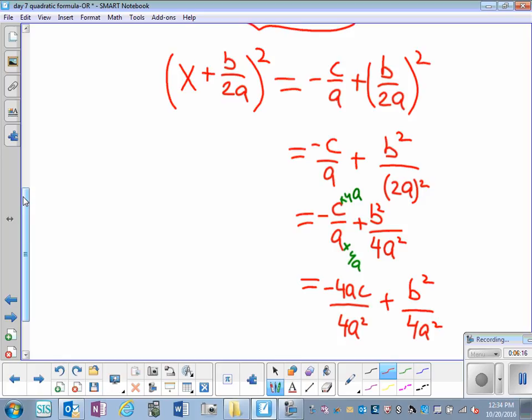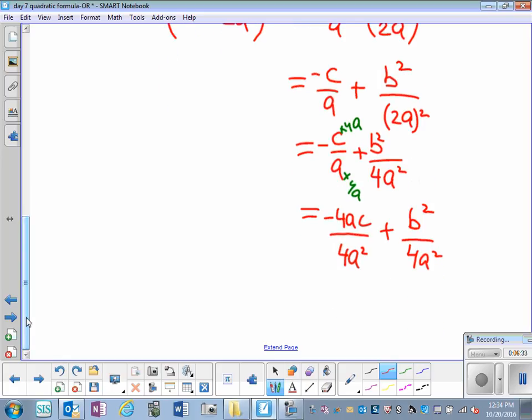So now I can combine these two fractions, right? I can actually do the addition because the denominator is exactly the same, so I can have a single fraction here. Let's scroll a little down, please. So I'm going to rewrite this as b squared minus 4ac.